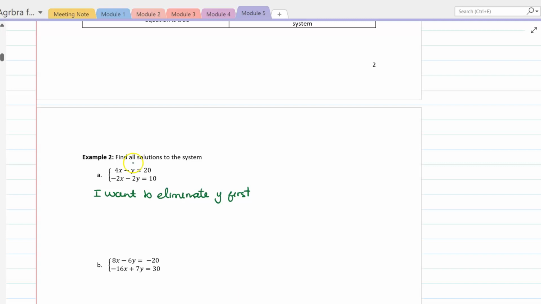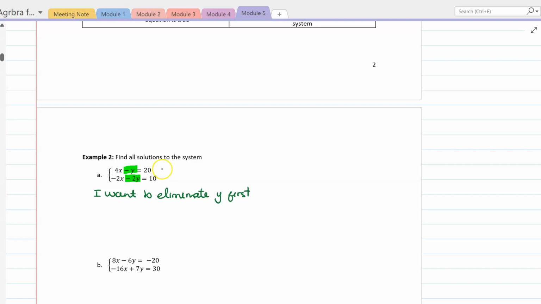Looking at this pair, negative y and negative 2y, if I want to eliminate y, I need to make them opposite signs. So I need to make the first equation have positive 2y.